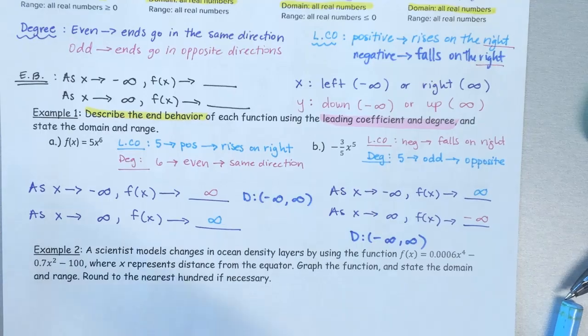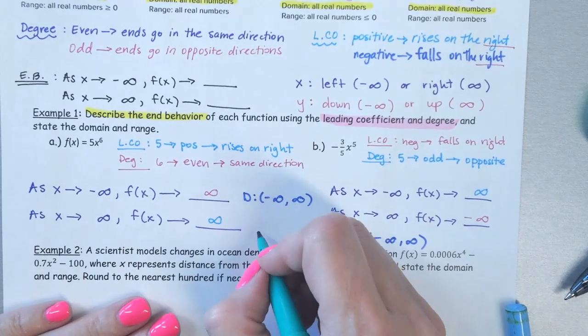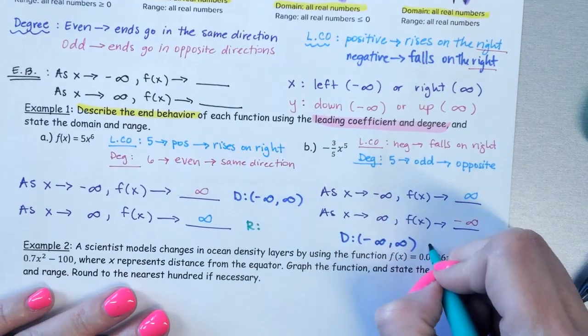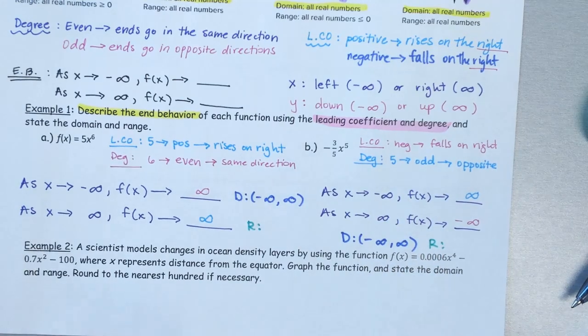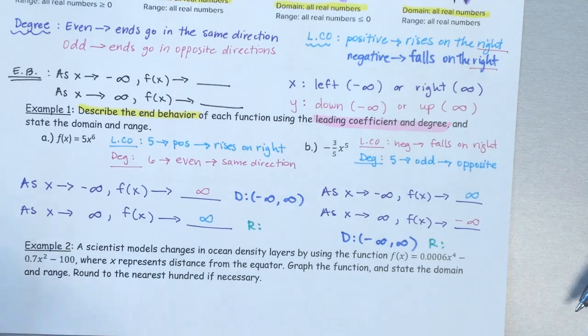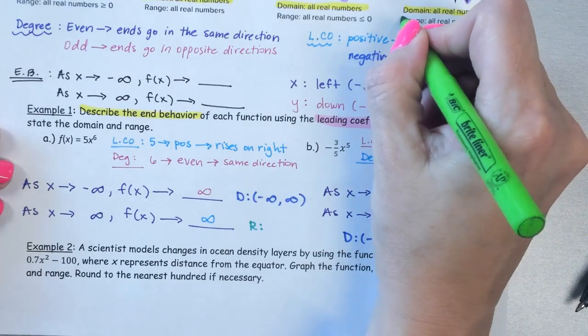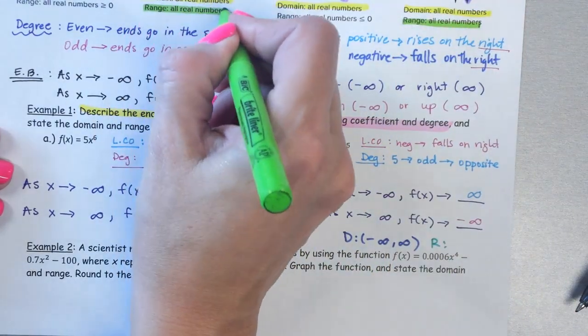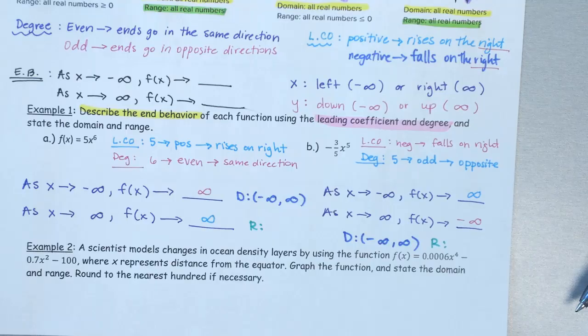All right, and then let's look at our range. So for the range, that is going to change. Sorry, that rhymed. Okay, so sometimes it's going to be all real numbers. It's all real numbers when you have what kind of degree? Odd.